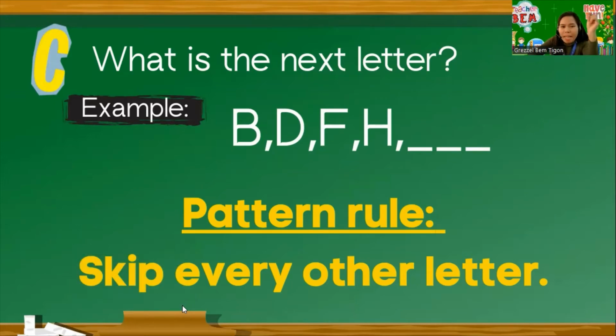A, B, C, D, E, F, G, H, I. After H will be I, and you're going to skip I. What's after I? After I, the next one is J. So the answer here is J. All right, so that's it.